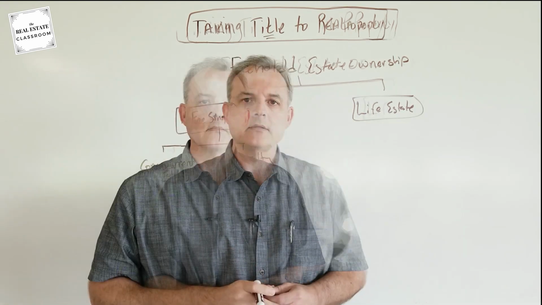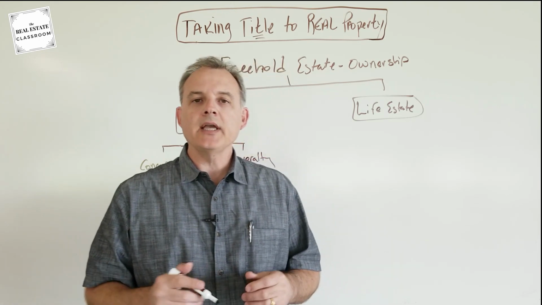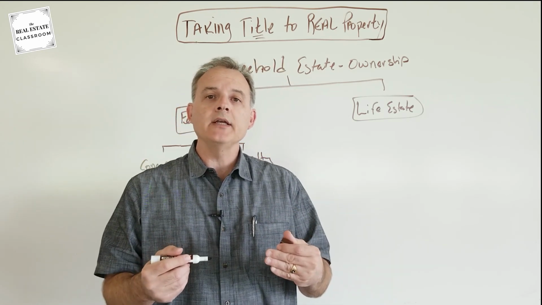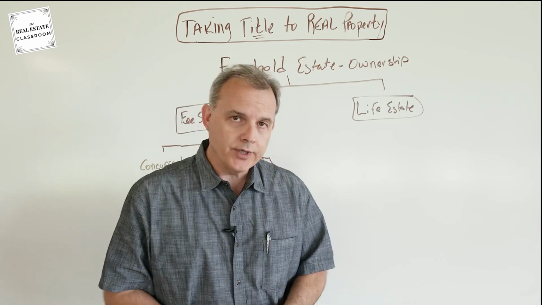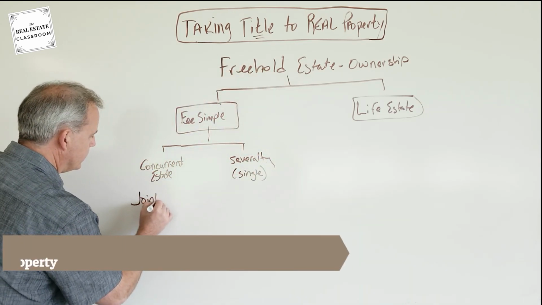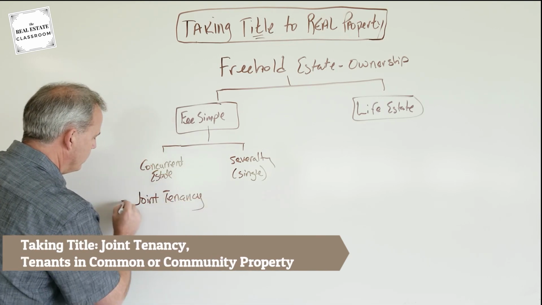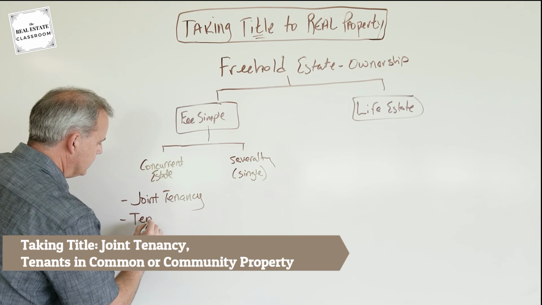Concurrent estate. Now, there are three subcategories of concurrent estates that you need to know. This is where we get into how we take title to real property. The first one is called joint tenancy. The other one is called tenants in common.